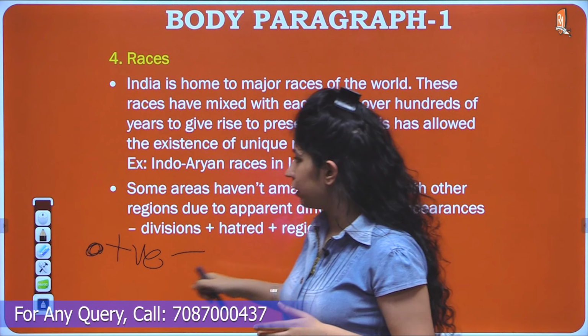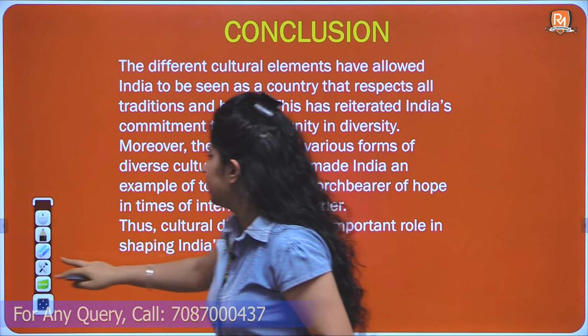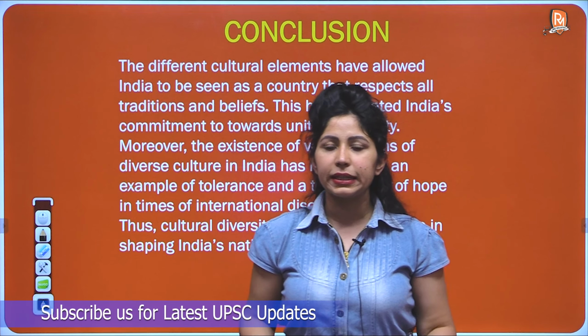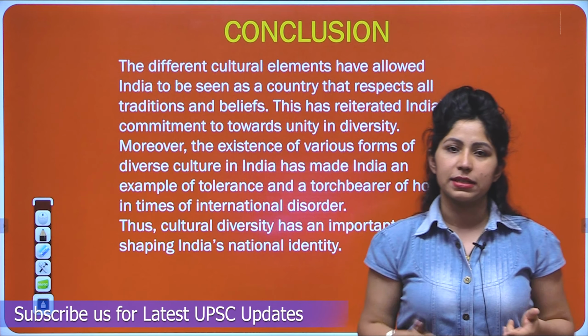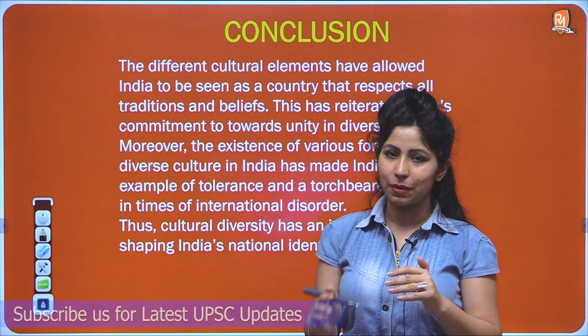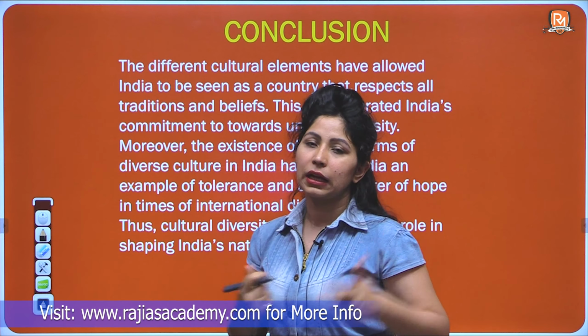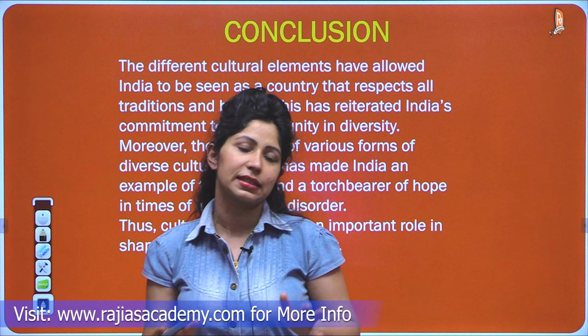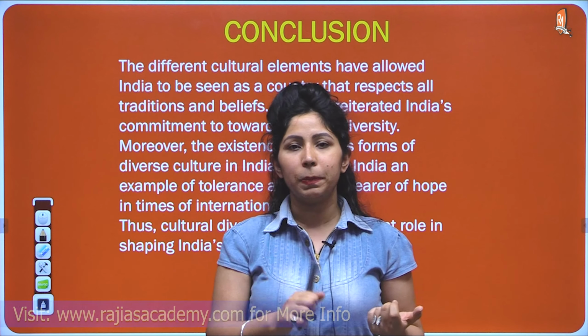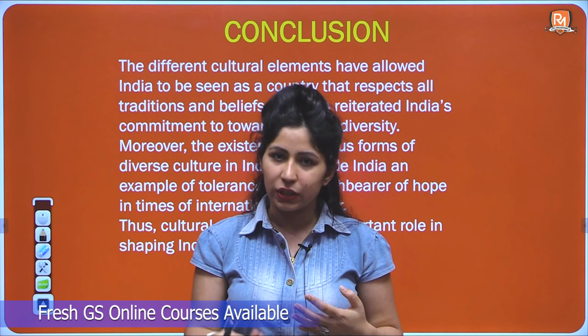This we'll go on to define in our conclusion: because so much diversity is prevalent in India, especially on the basis of races, we don't have that much discrimination on the basis of races. Caste discrimination is higher in India as compared to racial discrimination, but Western nations have a lot of racial discrimination.